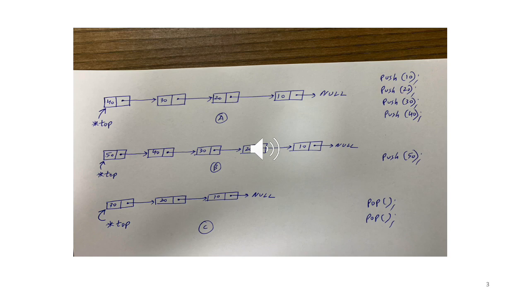We can easily get that effect, because for the node with data 30, the starting memory location is stored in the next pointer of node 40. So we just have to equate top with that. In this way we can do our push and pop operations. We will soon see all of them in the code.